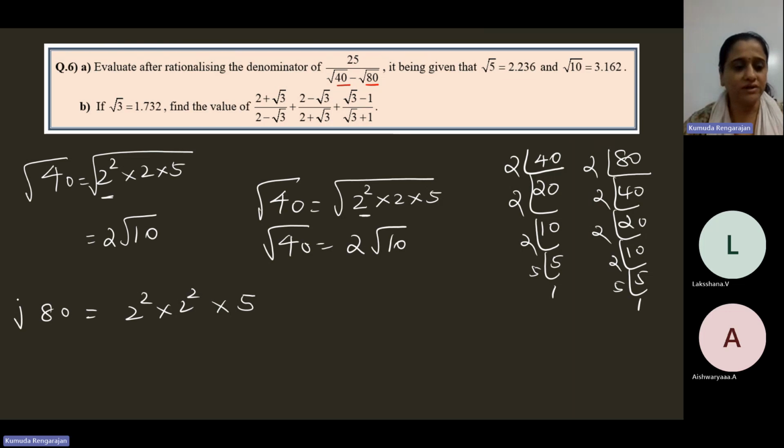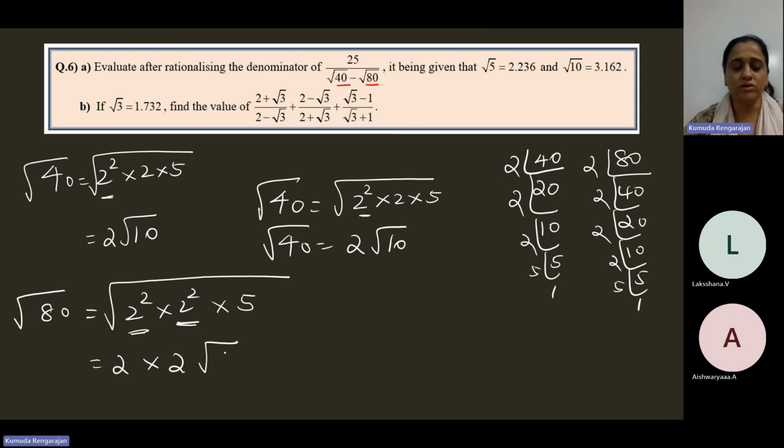So what is root 80? Root 80 is root of 2 square into 2 square into 5. From 2 twos, one 2 comes out of the square root. Again from 2 twos, one 2 comes out. And 5 remains under the square root. So the square root of 80 can be written as 4 root 5.